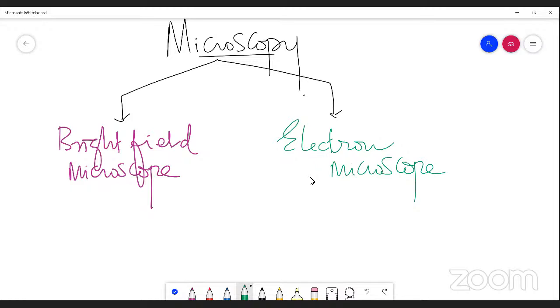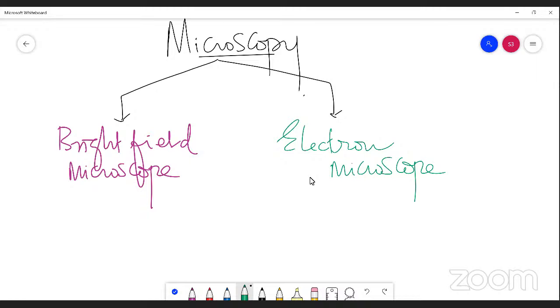There is a difference between the bright field and electron microscope. Bright field, as the name suggests, produces light which passes through the specimen when we place it under the microscope. Here, a source of light is used artificially when we place any microscopic slide under the microscope.